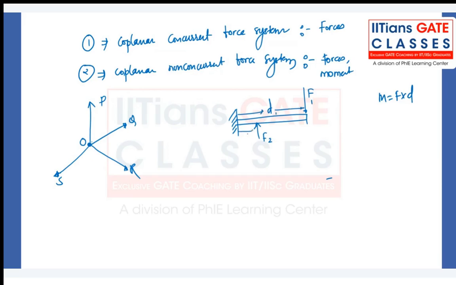So the moment created by the first force is F1 into D1, and the moment created by the second force is F2 into D2. This is the clockwise moment and this is the counterclockwise moment. So this system is coplanar non-concurrent. F1 and F2 are not passing through a single point, right?